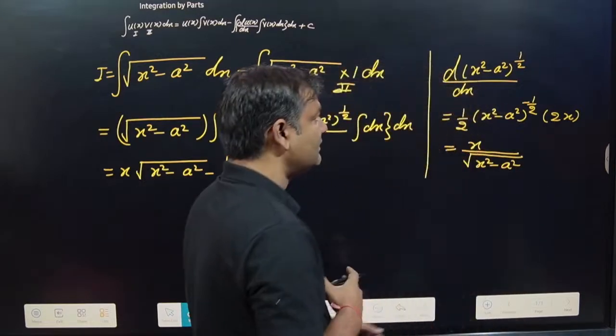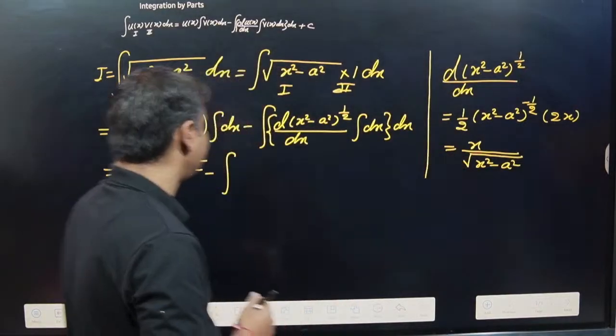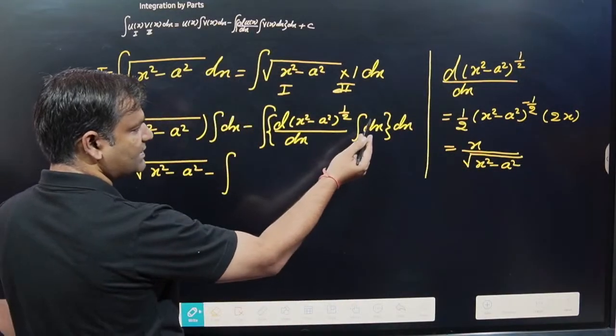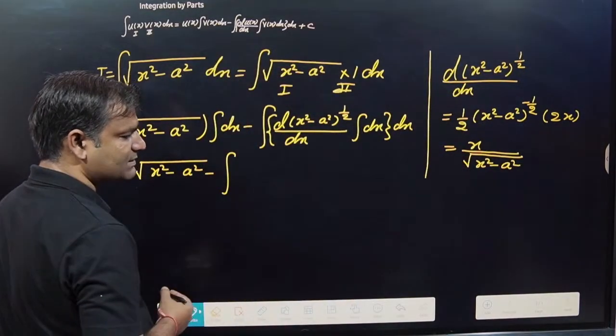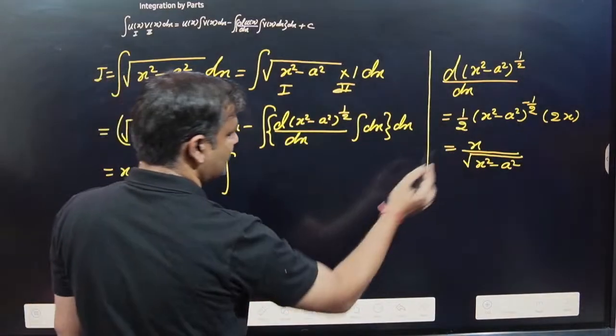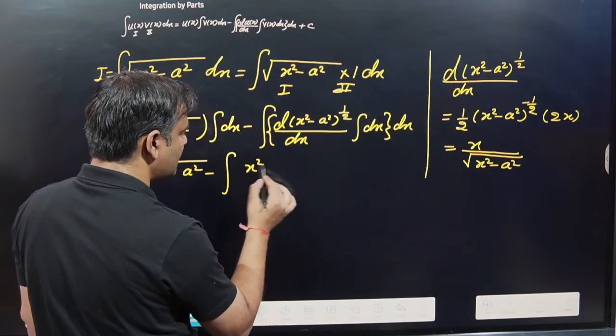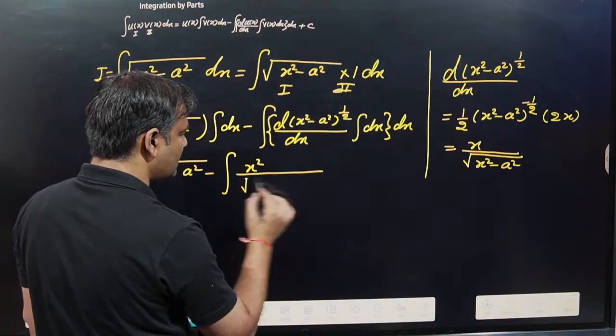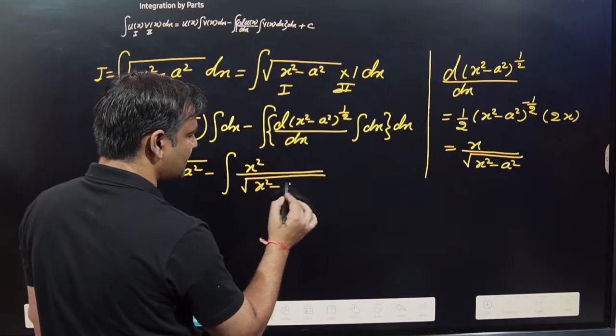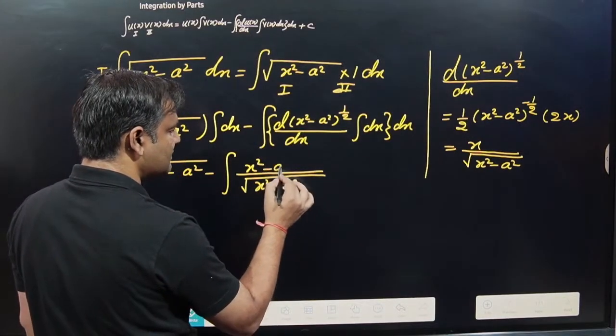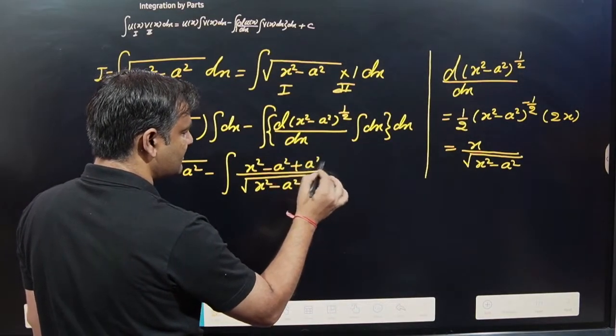So basically this is the differentiation, and integration of dx is simply x. So x into that one, so x square upon under root x square minus a square, and also add a square and subtract a square.